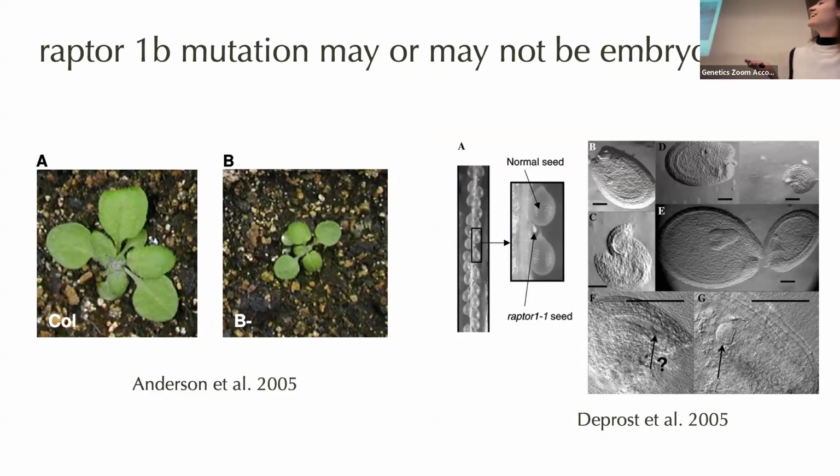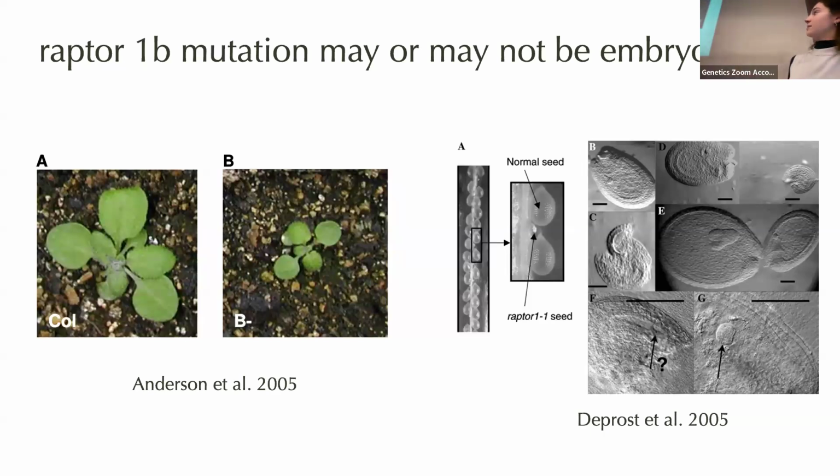In this paper from 2005, by not the Anderson that I worked with, they showed that when you get rid of Raptor 1B, you get these teeny tiny little plants, but they're still alive. This group in the same year showed that when you mutate Raptor 1B, the seeds are not viable, and they just don't grow. That's the tiny little seed, that's a normal seed.